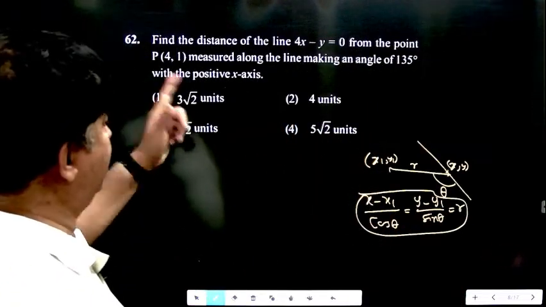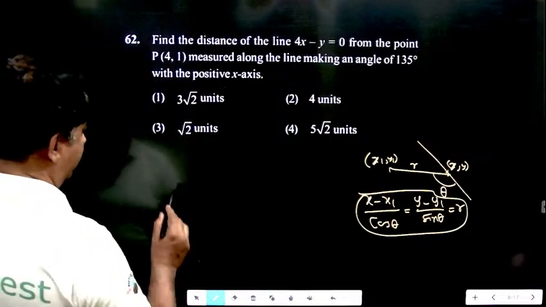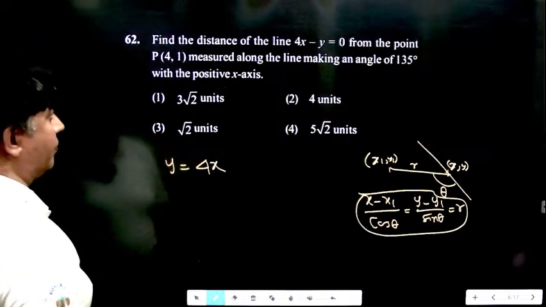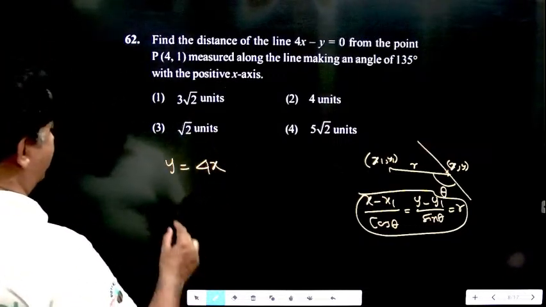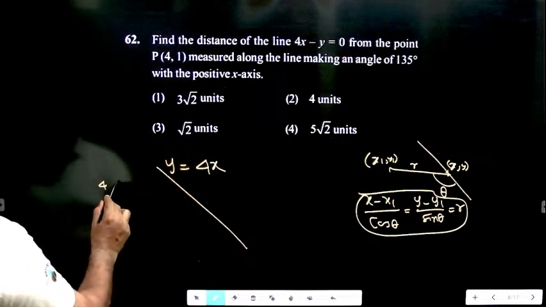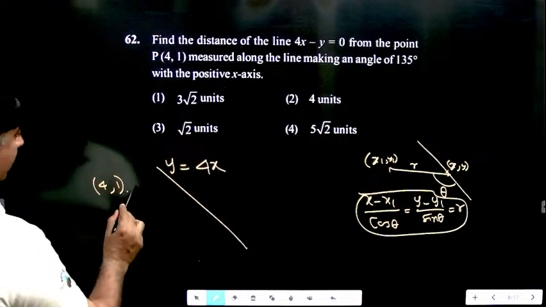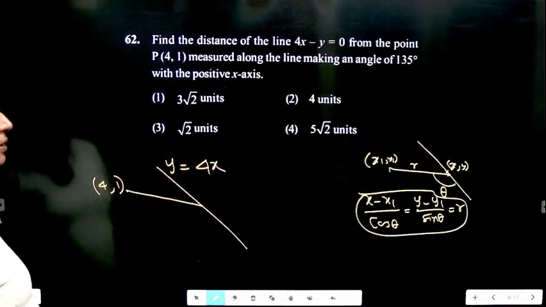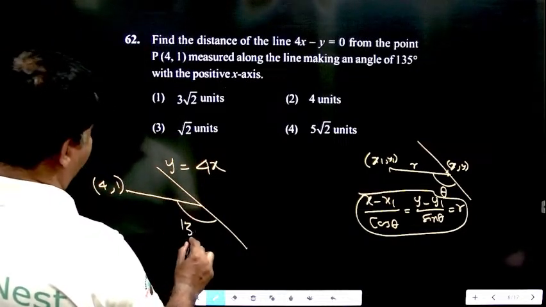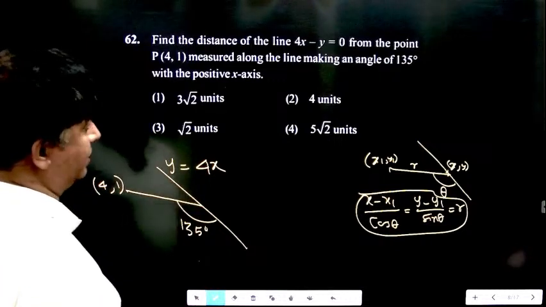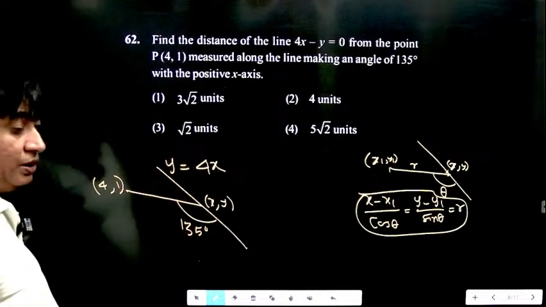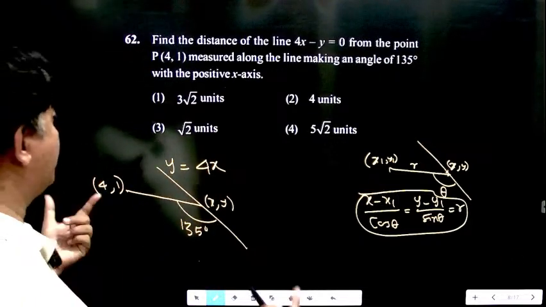So here the same concept is to be followed. y is equal to 4x is given. Any point 4 comma 1, x4 y1. From there you have to find a point which makes an angle of 135 degrees with the positive direction of the x-axis. This point is x comma y, which we are supposed to find.